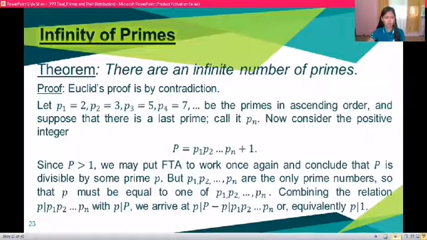Combining the relation, p divides p sub 1, p sub 2 to p sub n. With p divides P, we arrive at p divides P minus p sub 1, p sub 2 to p sub n, or equivalently, p divides 1.